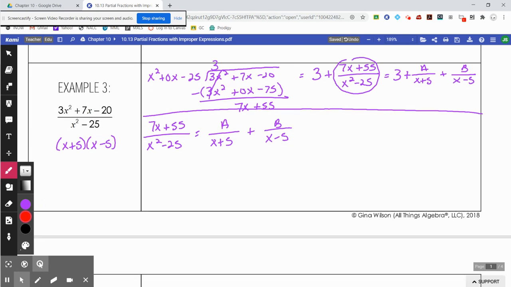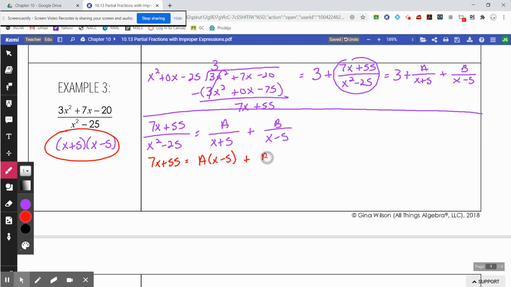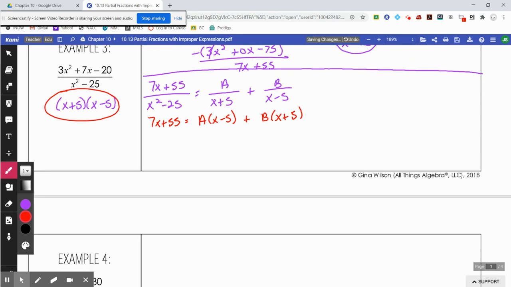Let's multiply every term by our common denominator, and you now have 7x plus 55 equals a times x minus 5 plus b times x plus 5. Distributive property gives you 7x plus 55 is equal to ax minus 5a plus bx plus 5b.